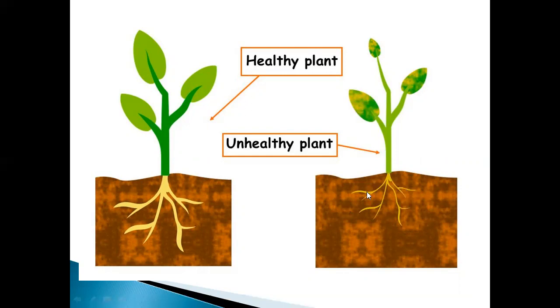You can see the roots are not healthy because of less space, not a proper place. If you put a plant in the home where there is no sunlight, water is not given properly, and there is no air, the plant will not grow well.